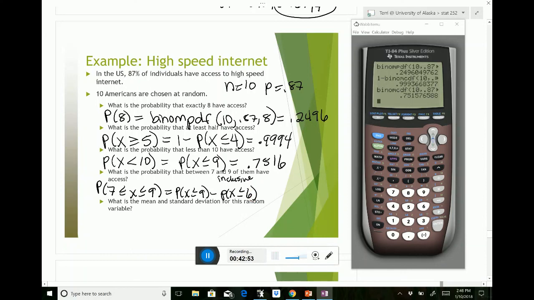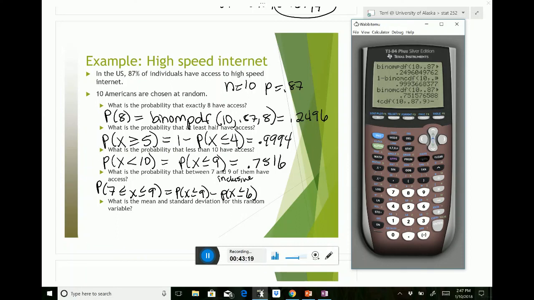So we're going to go to distributions, alpha B, enter. Okay, so 9's already in there, so we can pull this one. Now I'm not going to hit enter again. I'm actually just going to hit minus right now.